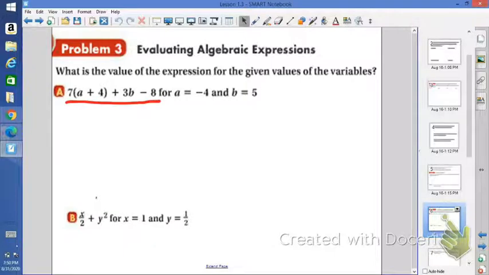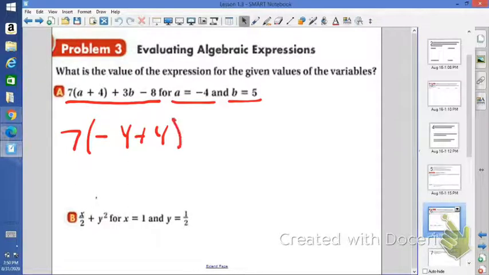We have this expression, and what we're going to do is plug -4 in for A and 5 in for B. So we're going to have 7 times (-4 plus 4) plus 3B, or 3 times 5, minus 8. I took -4 for A and plugged it in here, and I put B equals 5, so there's B, and I made the substitution.